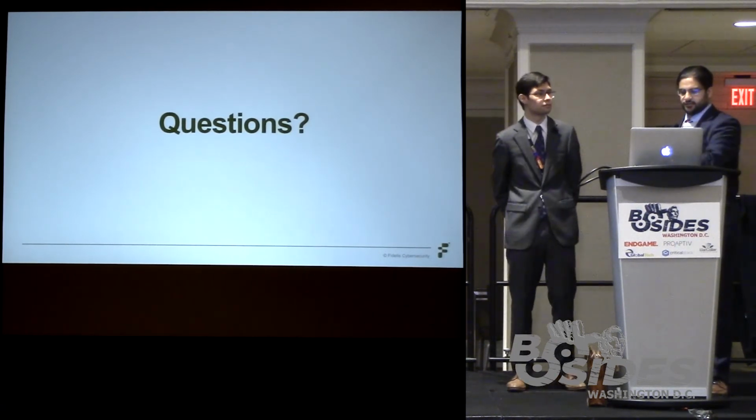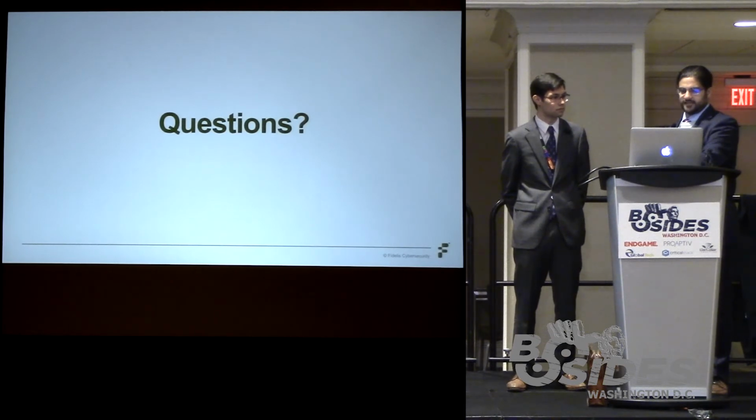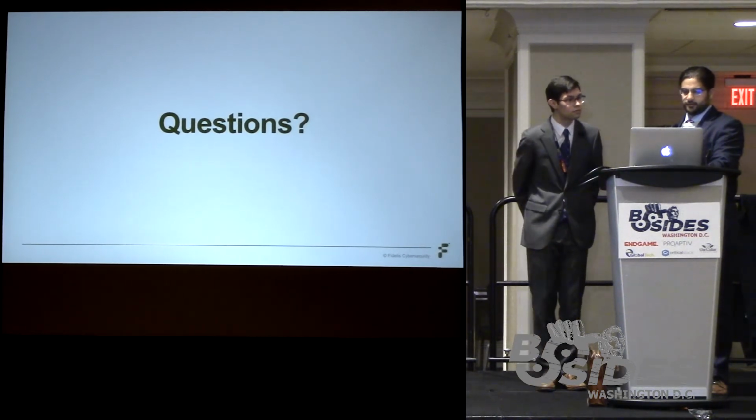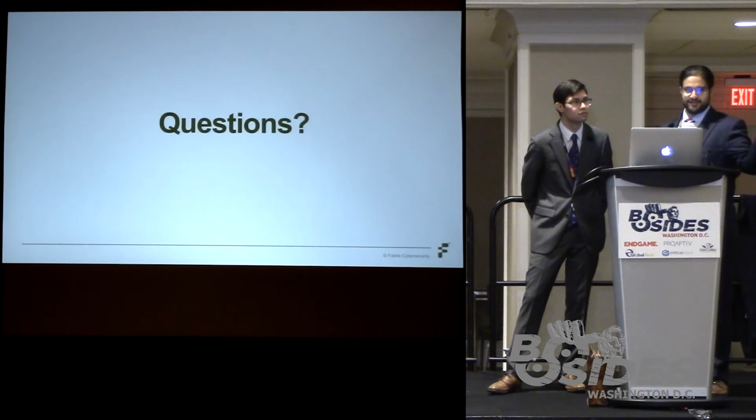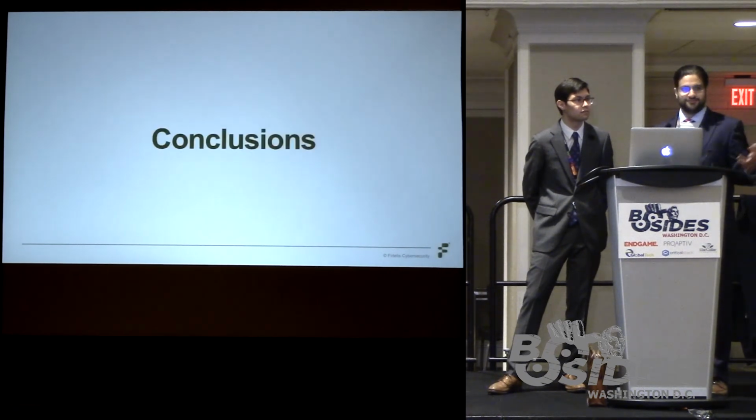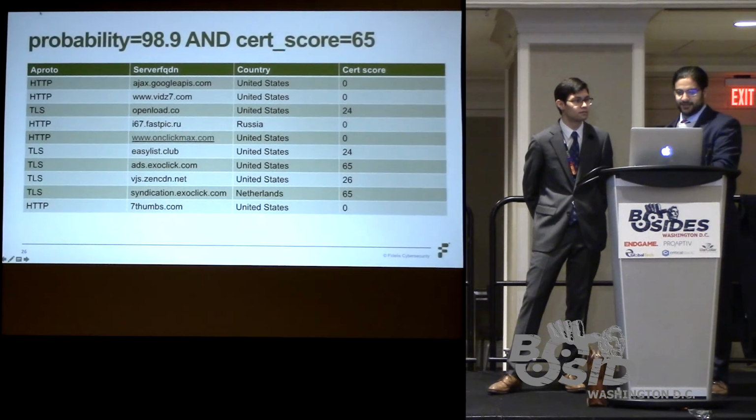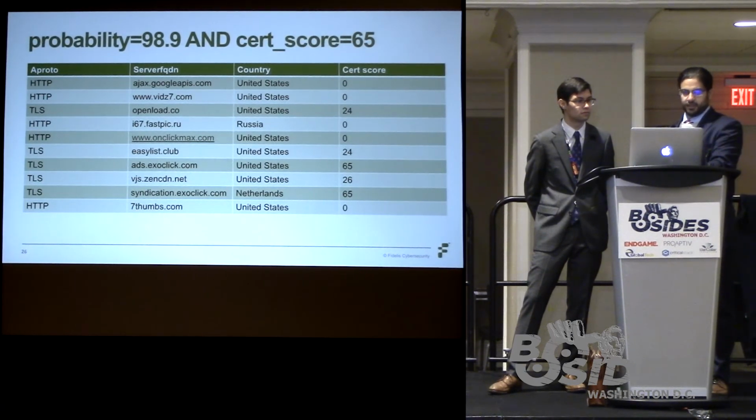Especially if you look at our example here, some of these, like this EasyList.club, which is itself something you'd Google and then not go there, the score is much lower than this ad certificate. And these exoclick certificates are much more suspicious than even the easylist.club certificate.